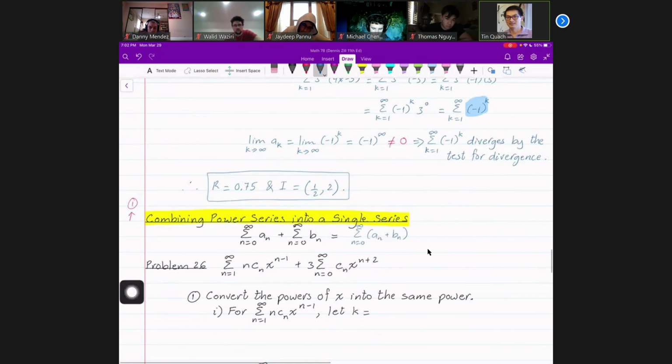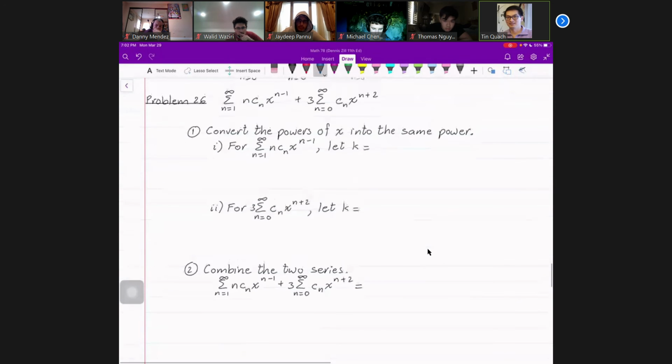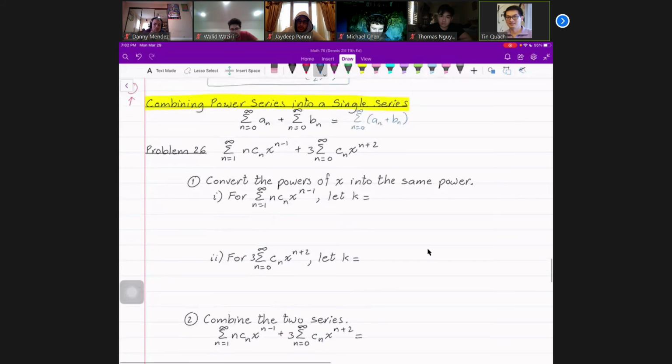So problem 26, let me see what problem 26 is. Problem 26, it says rewrite the given expression using a single power series whose general term involves x to the k. Okay, so whatever you have in your final answer, you're gonna have x to the k. All right, so let's make a note of that.